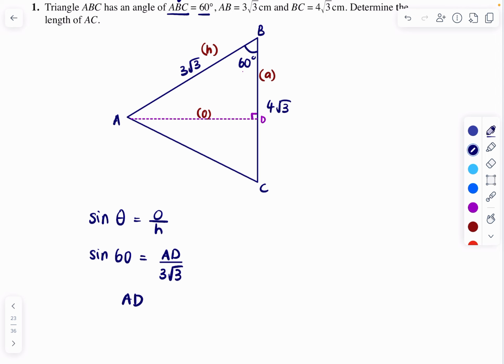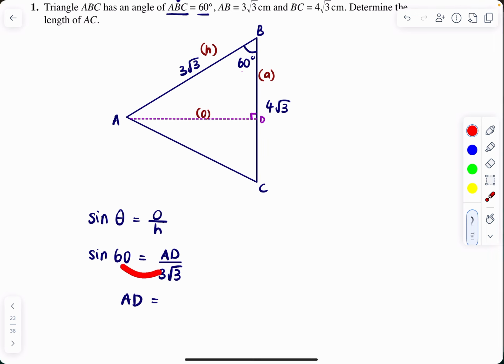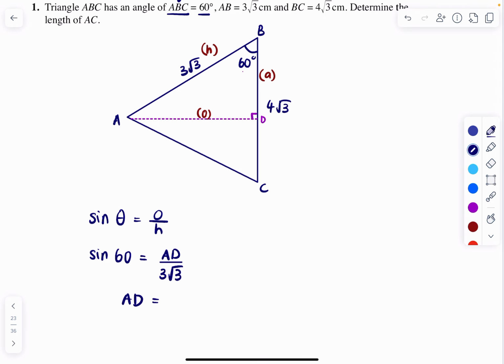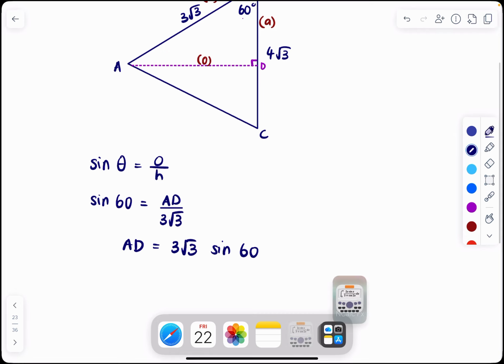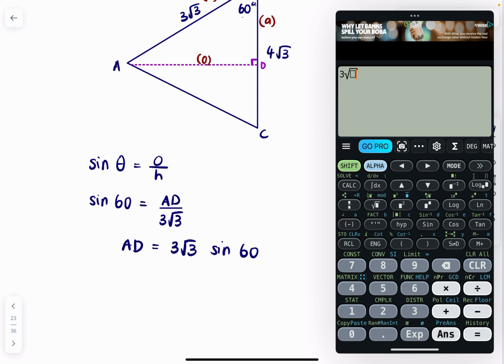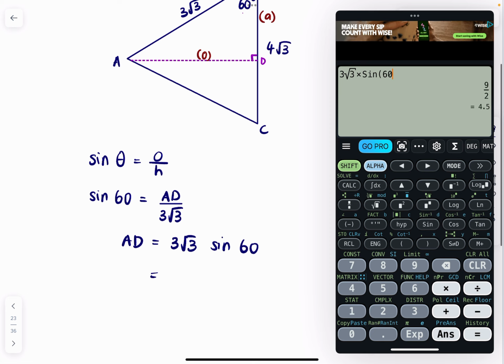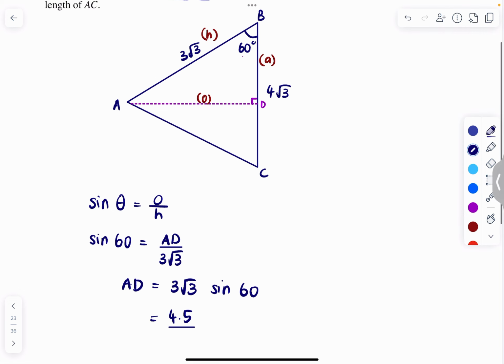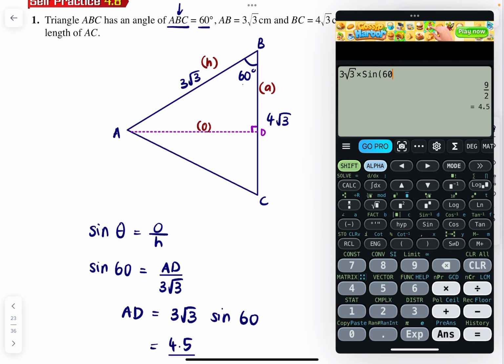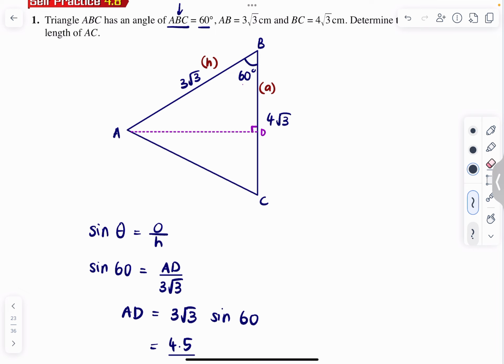Therefore, AD is 3√3 times sine 60. 3√3 times sine 60, so you get 4.5. So AD is found. AD is 4.5.